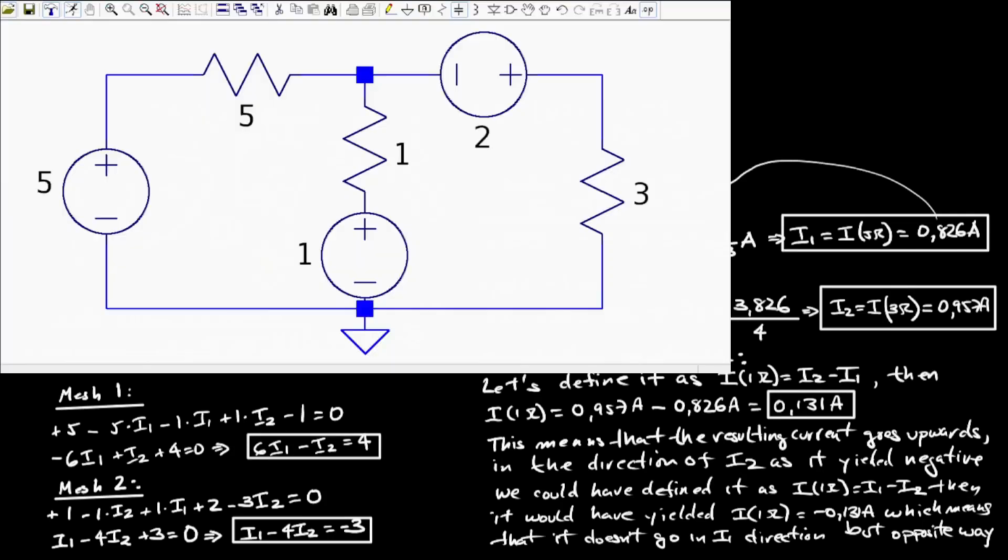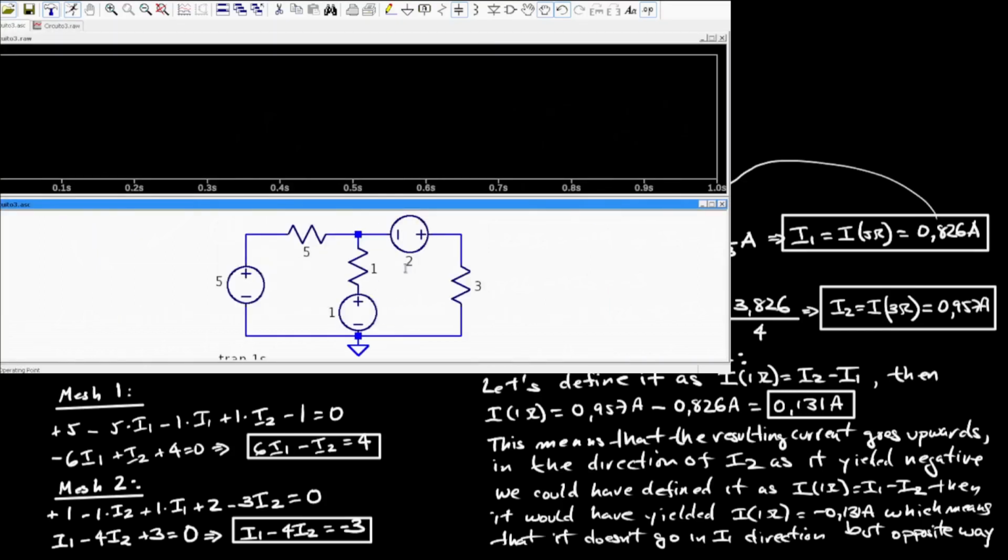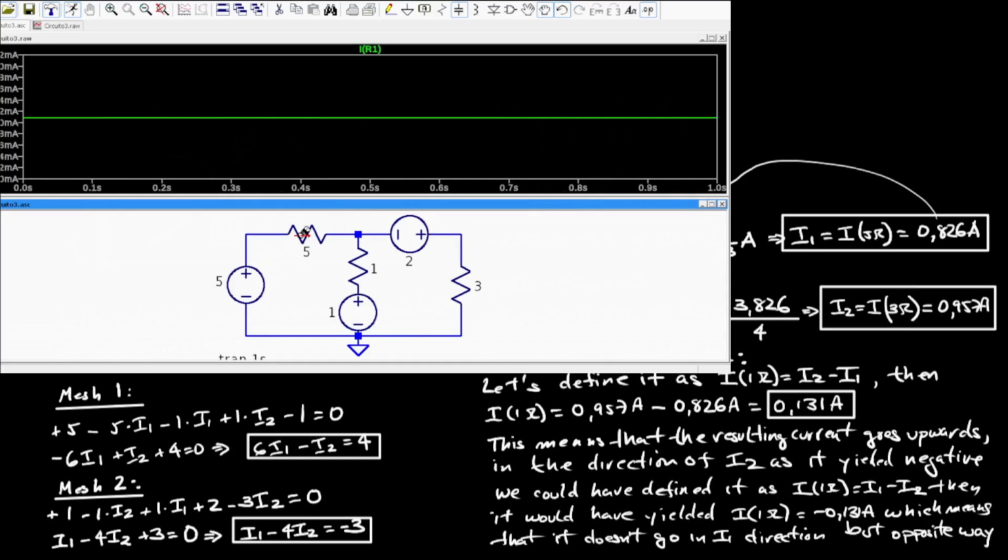So now let's see the simulation of this circuit by means of LTSpice. I'm going to set the simulation time. The first thing I'm going to get is the current across the 5 ohm resistor, as you are looking from left to right. It means it yielded positive.